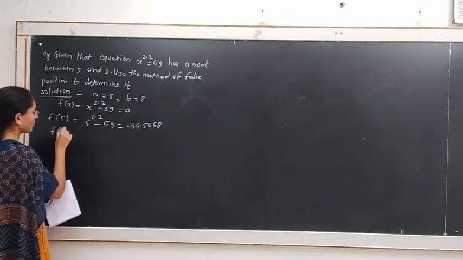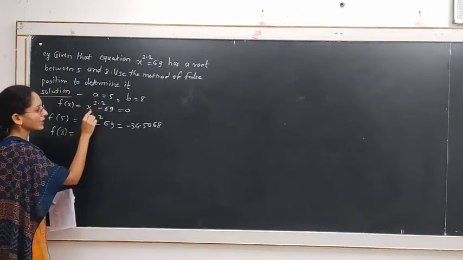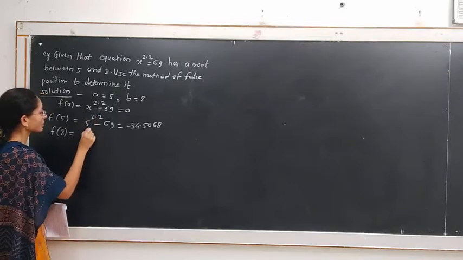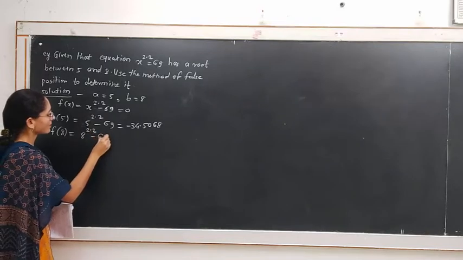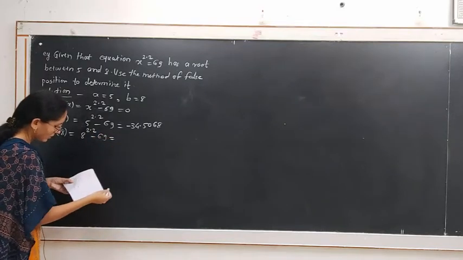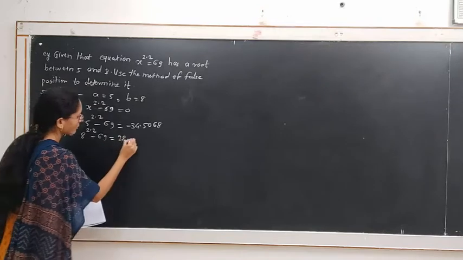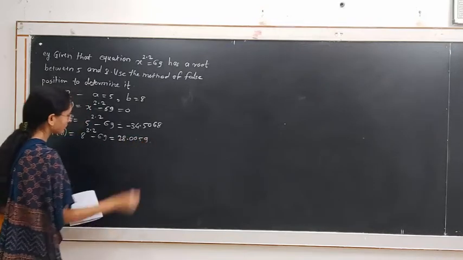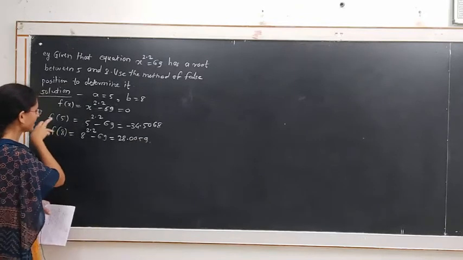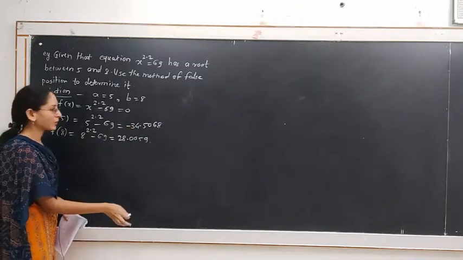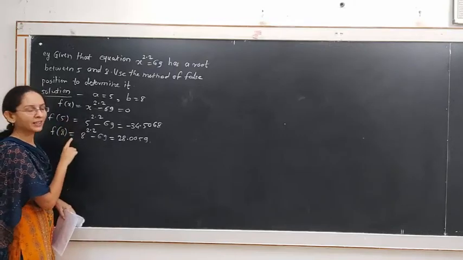Hence, f of b is equal to, using x equal to 8 in this function, 8 raised to 2.2 minus 69, and this value will come as 28.0099. See, these two values are of opposite signs, hence their product is negative. Hence the root lies between 5 and 8.